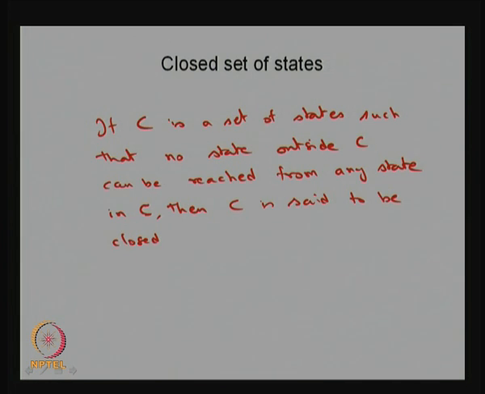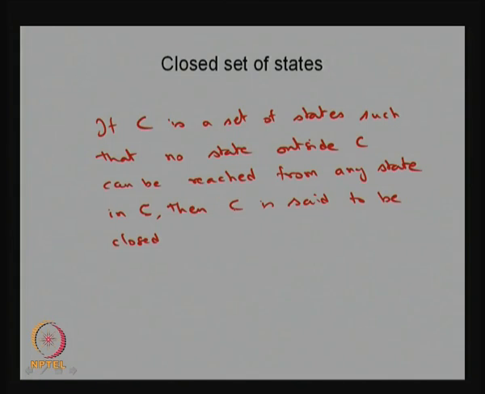So, whenever you create a collection of states and call that set capital C, if it satisfies this property, then we say that set is called a closed set. We can combine the class property with the closed set property.